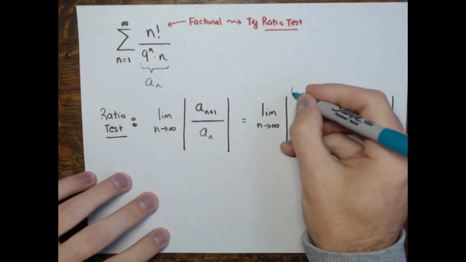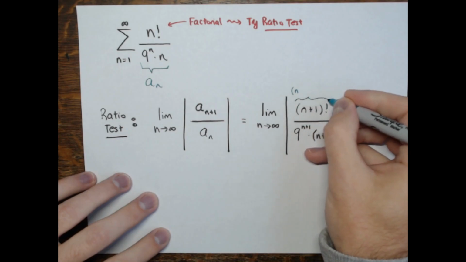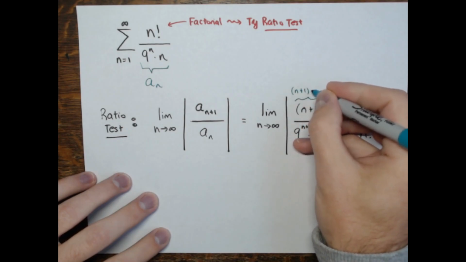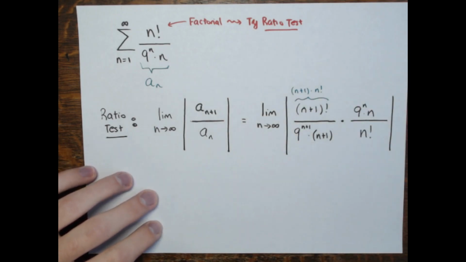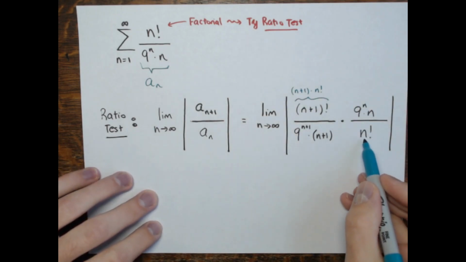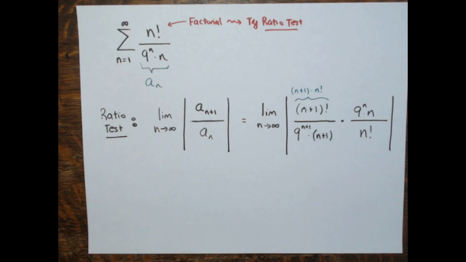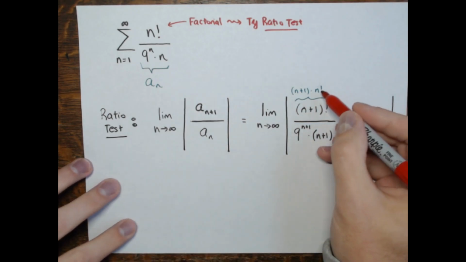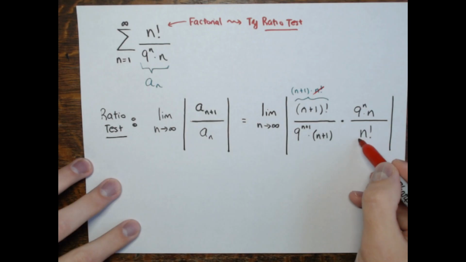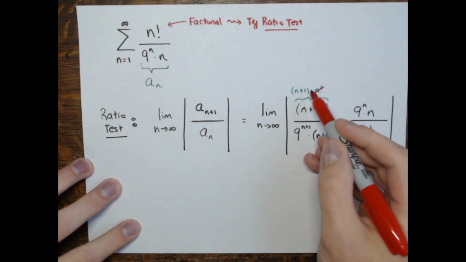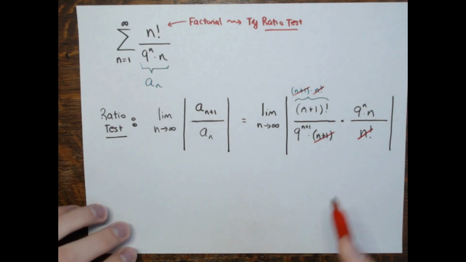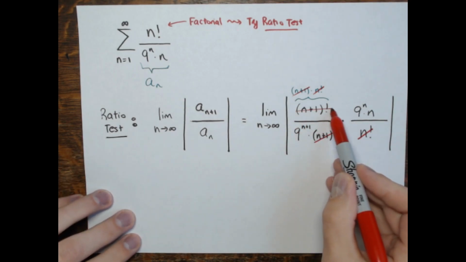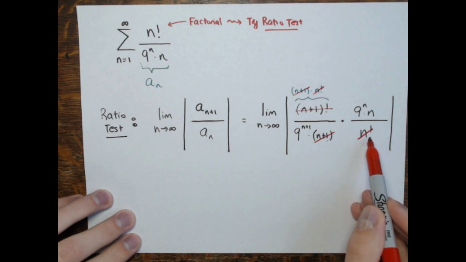Remember, n plus 1 factorial is n plus 1 times n factorial. So you can see the n factorial up here and n factorial down here, and there's n plus 1 up here and n plus 1 down here. A lot of cancellation going on. So this is all gone, that's gone, that's gone.